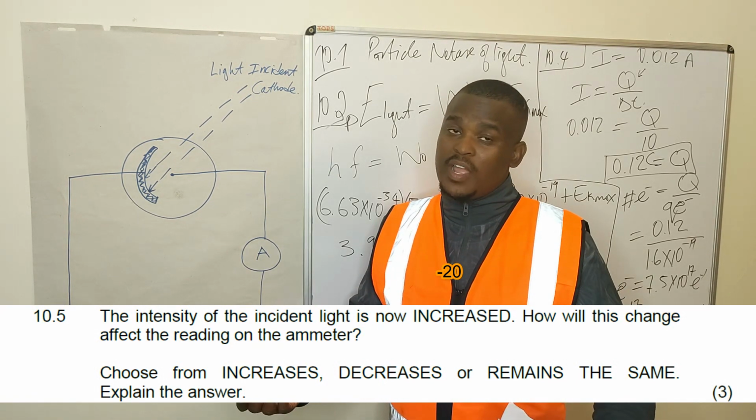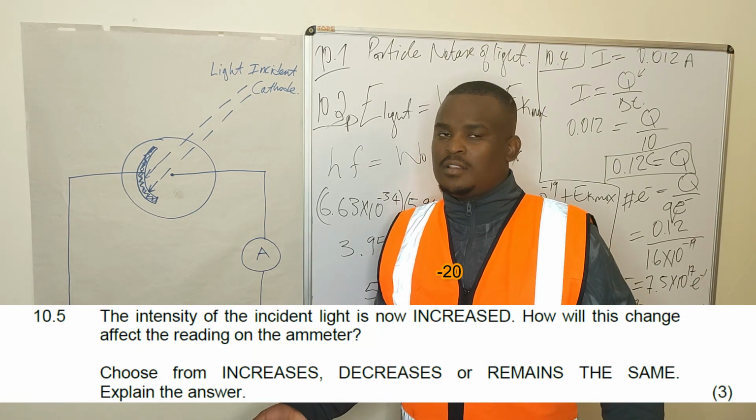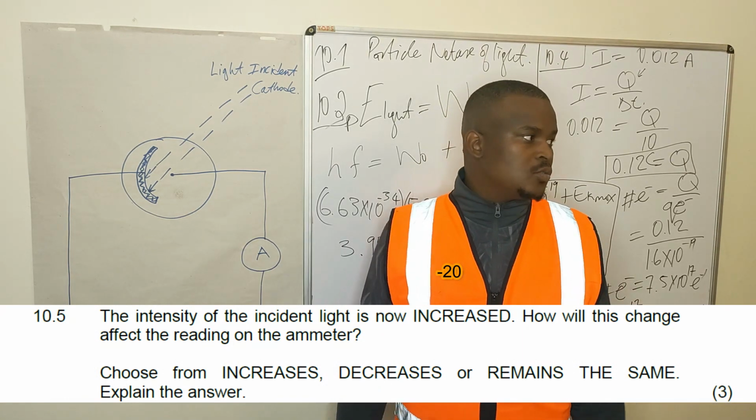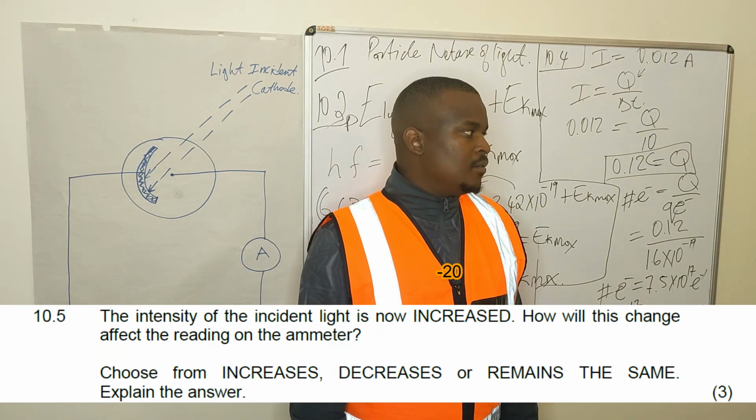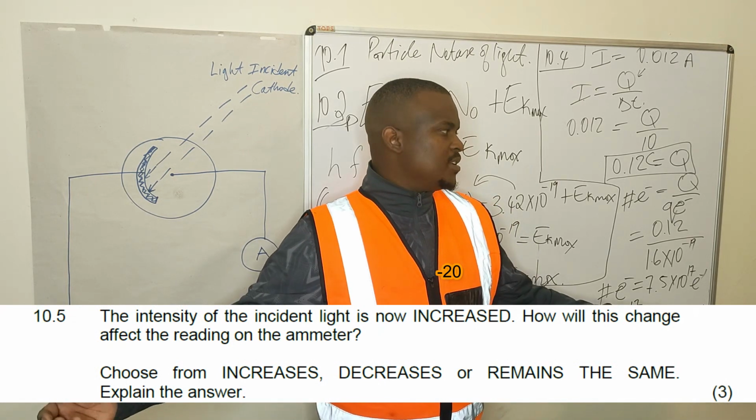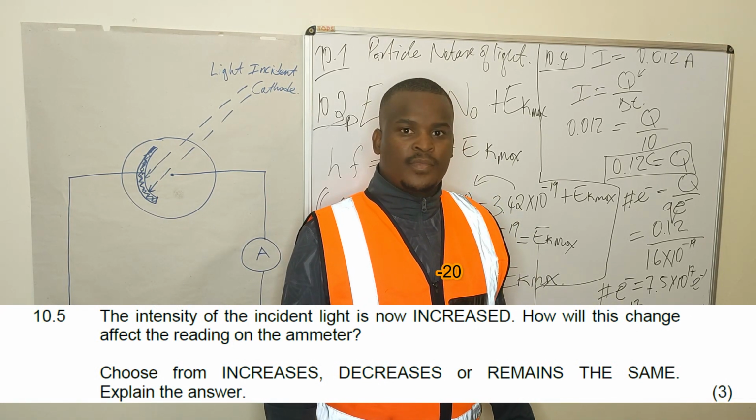So we have more charge flowing, that means higher current. I don't think I need to write this down, because I just explained it, and I'm done.